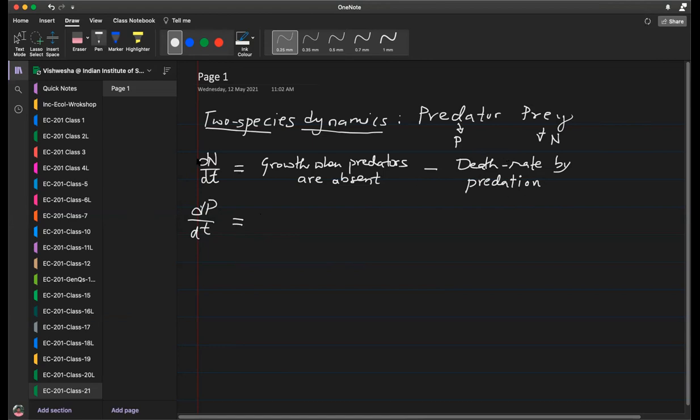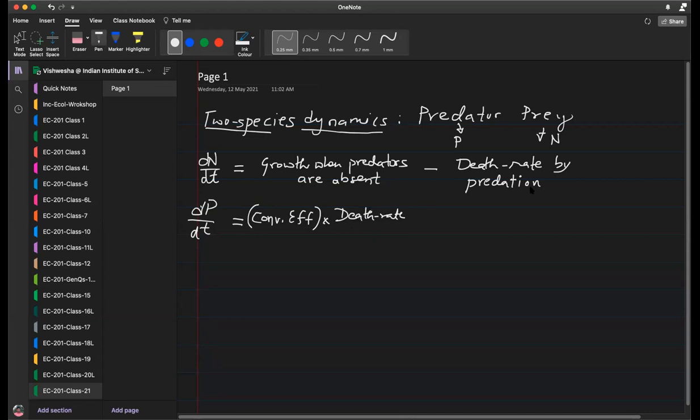Because the left-hand side is the total population growth rate, everything is in terms of total growth rate and total death rate. So what we have is some conversion efficiency times death rate by predation.